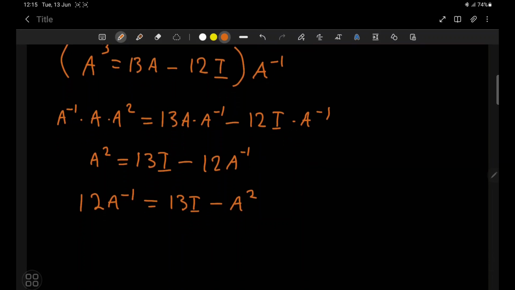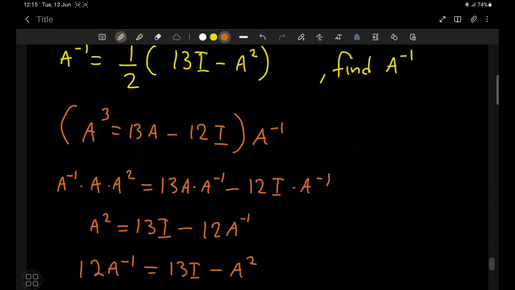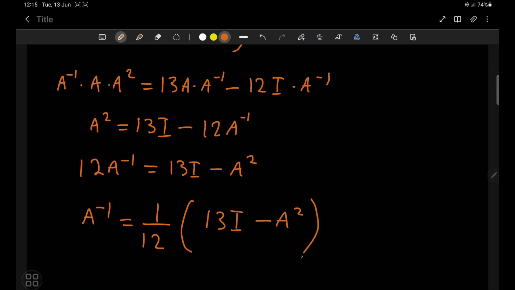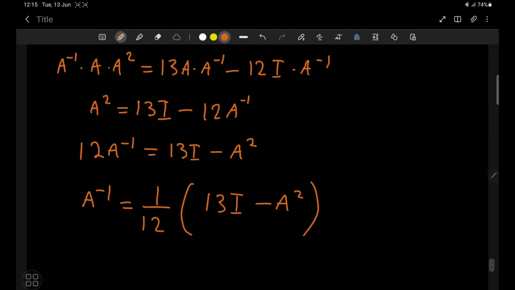Then we can divide throughout by 12, so that we have A inverse is equal to 1 over 12 multiplying 13I minus A squared. So we've written the expression as instructed.